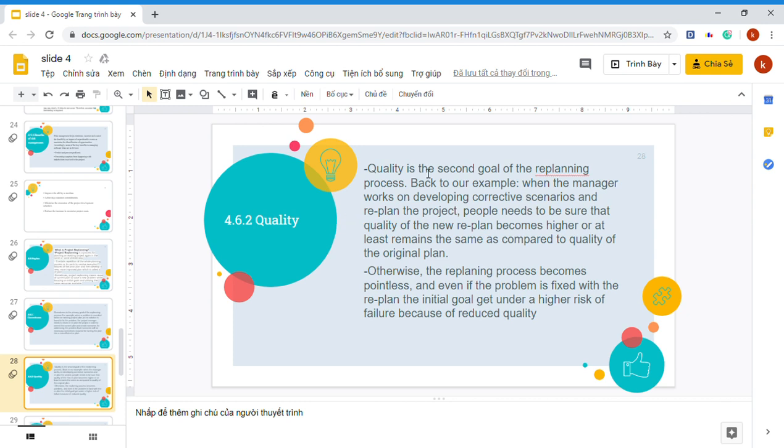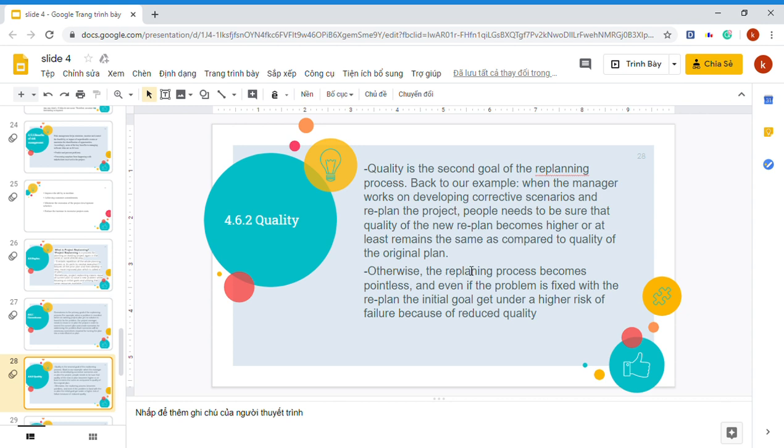Quality. Quality is the second goal of the replanning process. Back to our example, when the manager works on developing corrective actions and replans the project, they need to be sure that the quality of the new plan becomes higher or at least remains the same as compared to the quality of the original plan.